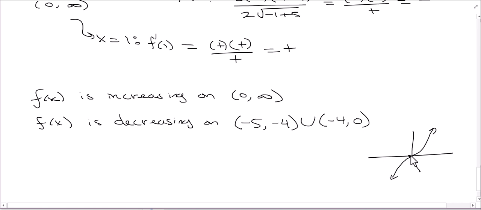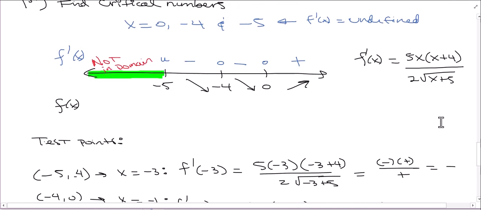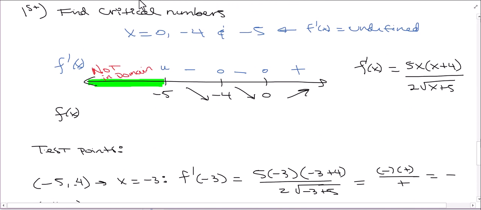The derivative is 0 here, but it's neither a max nor a min, so that's not a relative max or a relative min. And so from here we can see also that you have decreasing and decreasing, so there's nothing going on there, not a max nor a min, so this is what we call a saddle.